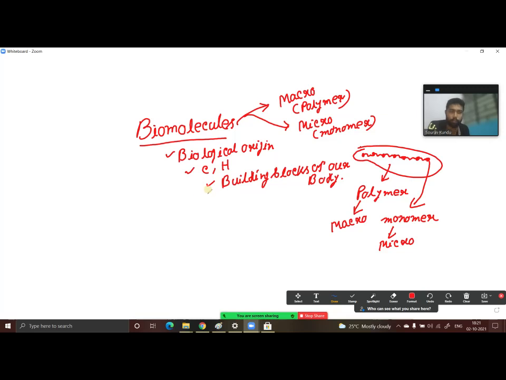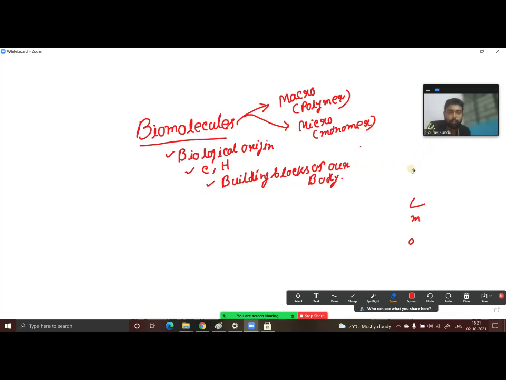Now one by one we will be discussing the macromolecules and their constituting parts. First we will be discussing the macromolecule, the basic parts, then we will be going for the micro parts.